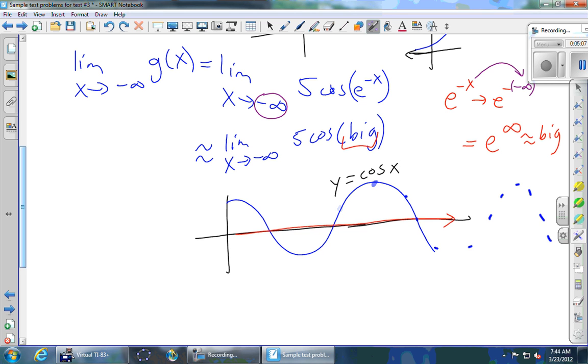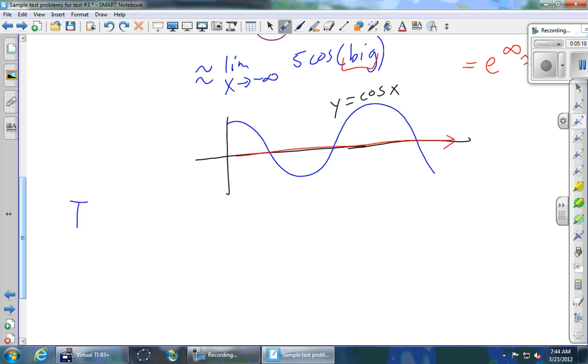They're just bouncing up and down forever, oscillating infinitely often, and in a case like that, we say there is no limit. The y values don't approach any single number. So let's say the limit does not exist.